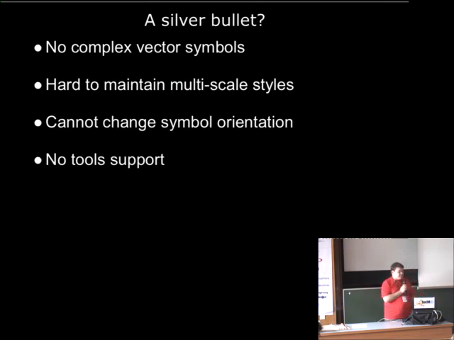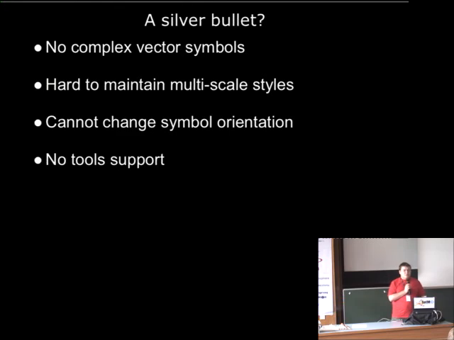Next problem, MapCSS styles are hard to maintain with multiple scale styles. It's much easier than Mapnik does, but it's still hard. And if you want to create a map style which uses multiple zoom levels, it can be large. And you cannot change symbol orientation.